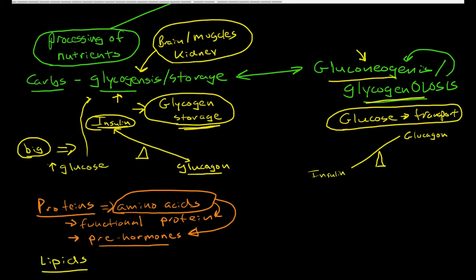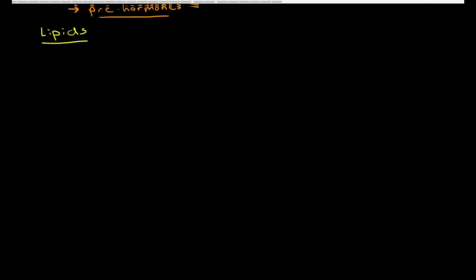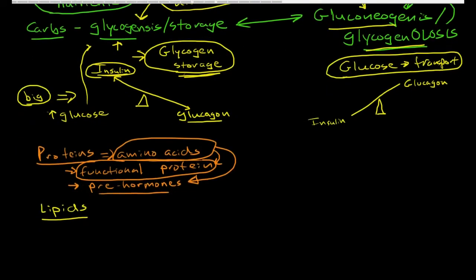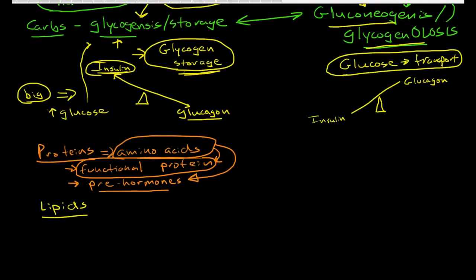And so when we start talking about the functional proteins, we're moving into another area of hepatic function, and that is considered the synthetic function. And we'll talk about that more later. So there's some blurring of boundaries here when we get to talking about the processing of proteins.